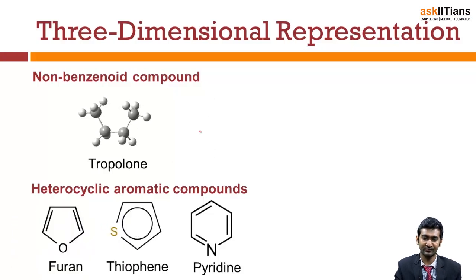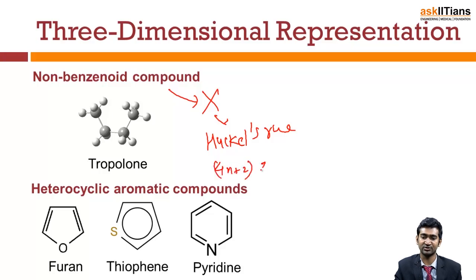Make a note here. Huckel's rule: these compounds do not follow this rule, and all the benzenoid compounds follow Huckel's rule. They should have 4n plus 2 pi electrons. The second rule is that it should be in a plane, a planar structure. So that's all about the three-dimensional representation, guys.